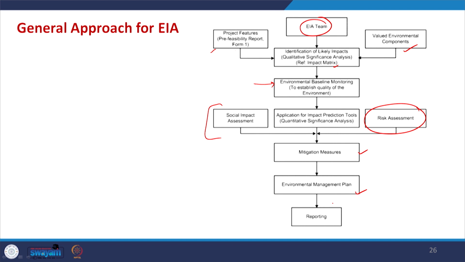So, these are the steps and approach towards carrying out the EIA. The EIA report should contain the potential impact of the project, the mitigation measures and the environmental management plan, so that those impacts which are likely will be minimized or overall mitigated.